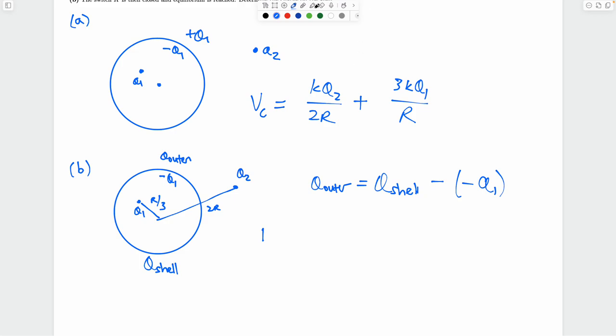Oh, right. There's an extra step here, which is that technically speaking, we can't immediately find the potential on the surface because there is outer charge, right? In traditional electromagnetism, when you get infinitely close to the charge, the potential is not very well defined because R approaches zero, then your function approaches infinity. So what we actually do is we need to calculate the potential at the center first. Okay?